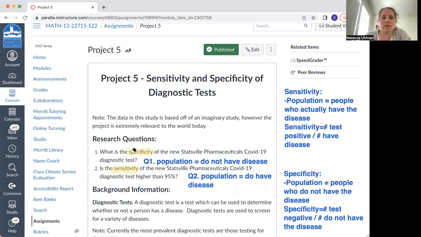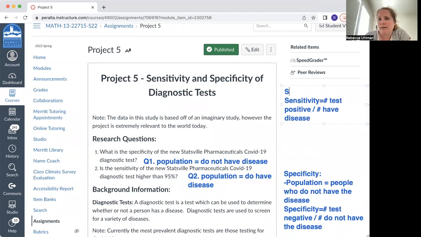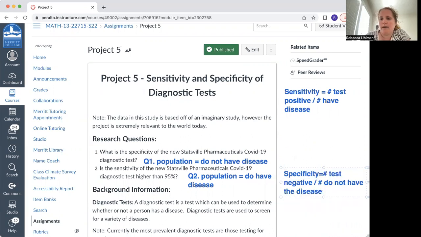These are going to be two key statements to have. I'm going to slightly shrink the things on the side. Again, sensitivity, we're looking at the number that test positive out of those that have the disease. Specificity, we are looking at the number who test negative out of those that do not have the disease.